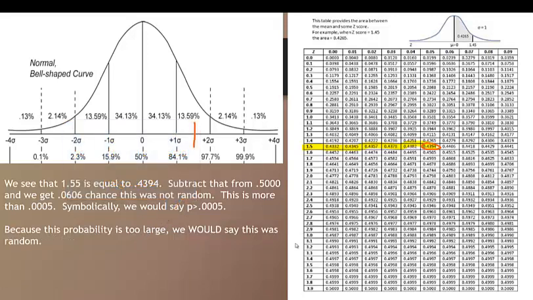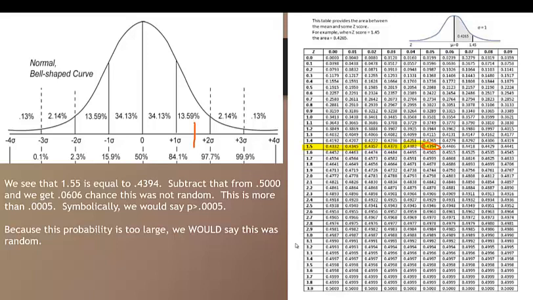So the 0.0606 chance means that there is a 6% chance this was random. Because we had established earlier the 0.05 level, we're saying that we want to make sure that it's a 5% chance or less that it's random.